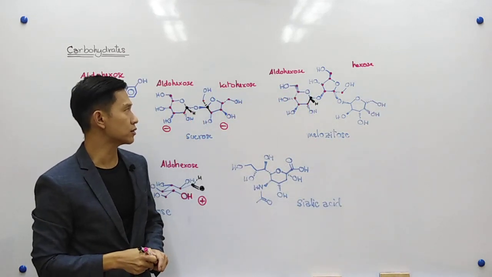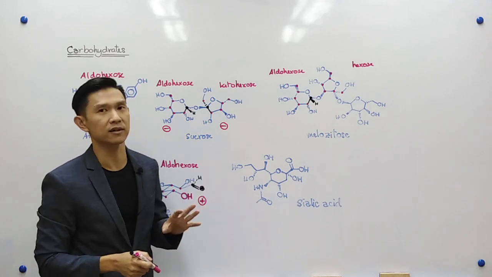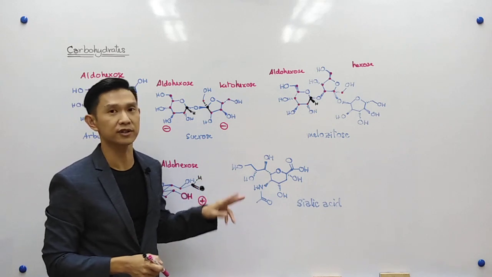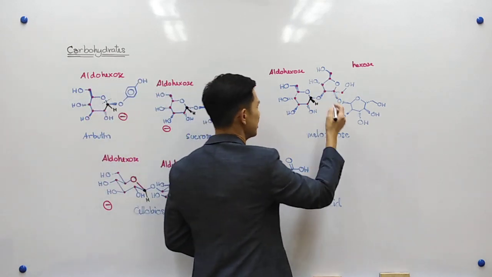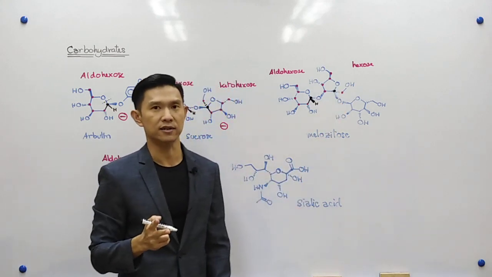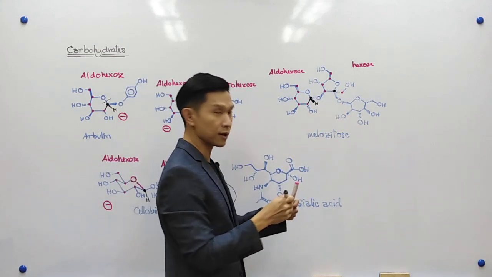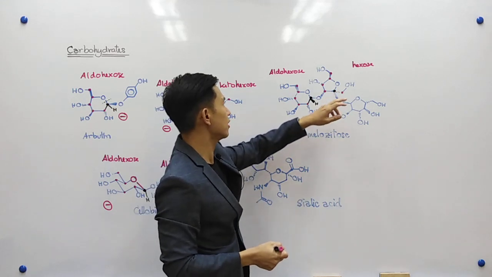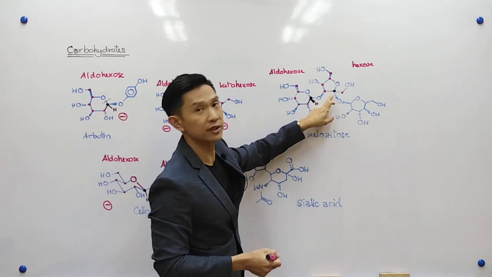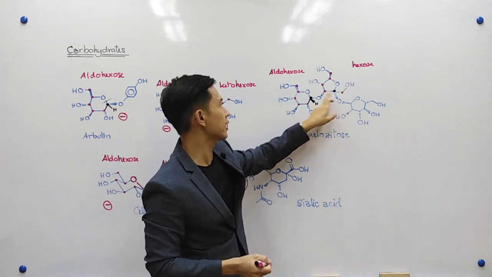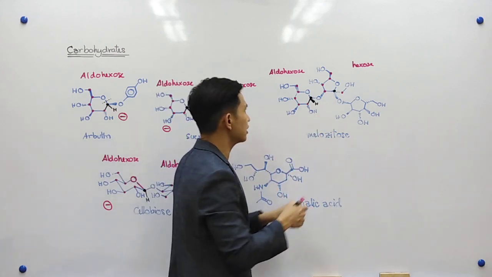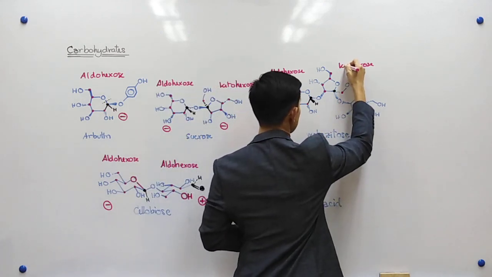And if you look for the glycosidic carbon, what you can see is this one, because this carbon connects with 2 oxygen atoms, right? So this is the glycosidic carbon. If you possibly cleave the ring, you can see that your glycosidic carbon over here, or the carbonyl group, connects with 2 carbons on both sides. So that means this is a ketone, and this is called a ketohexose sugar.